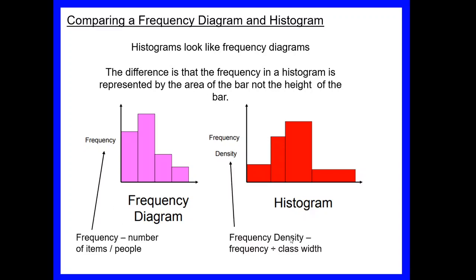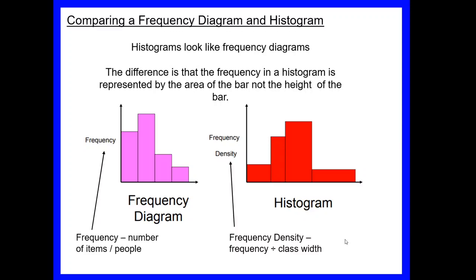On our histogram over here, our vertical axis is frequency density. The frequency on our histogram is represented by the area of each of the bars, as opposed to being able to read the height from the side of the bar. So that's our main difference, and our frequency density is our frequency divided by our class width.